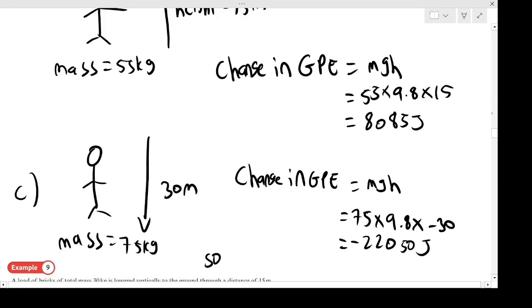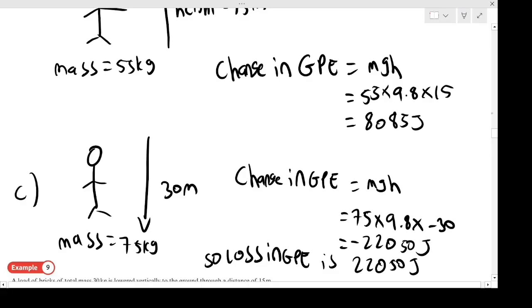So the loss in the gravitational energy is going to be 22,050 joules. The negative means it's a negative change, so it's a loss in energy. We're losing energy, so the change in the energy is negative.